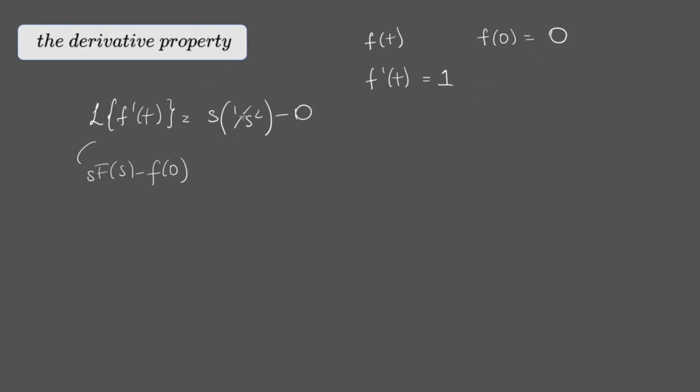So s times 1 over s squared is s over s squared, which is 1 over s, which is the exact same thing we got when we found the Laplace transform of 1.